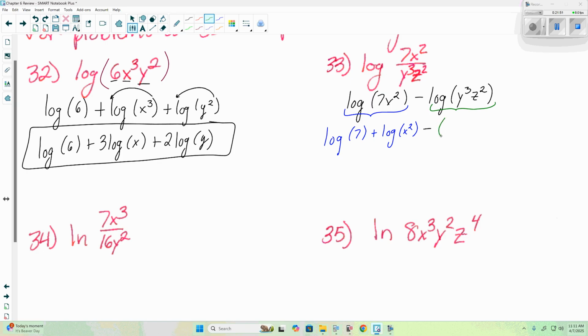Log of y cubed z squared would be log of y cubed plus log of z squared, if we were just taking log of y cubed z squared. But we do have that negative, so it's going to have to be applied through it.